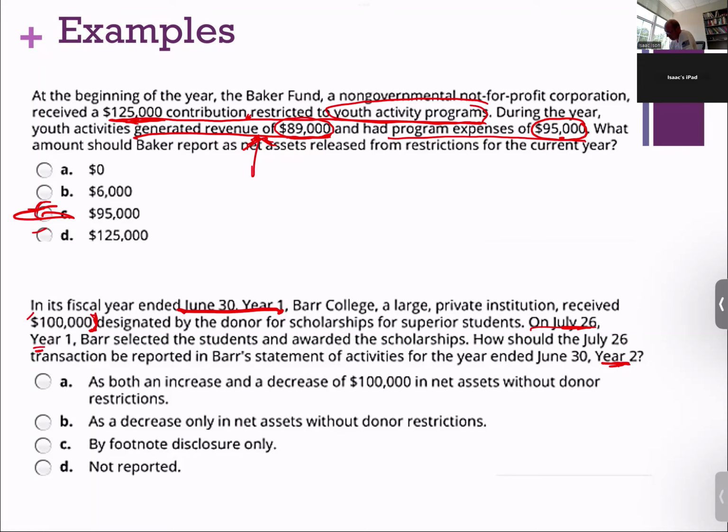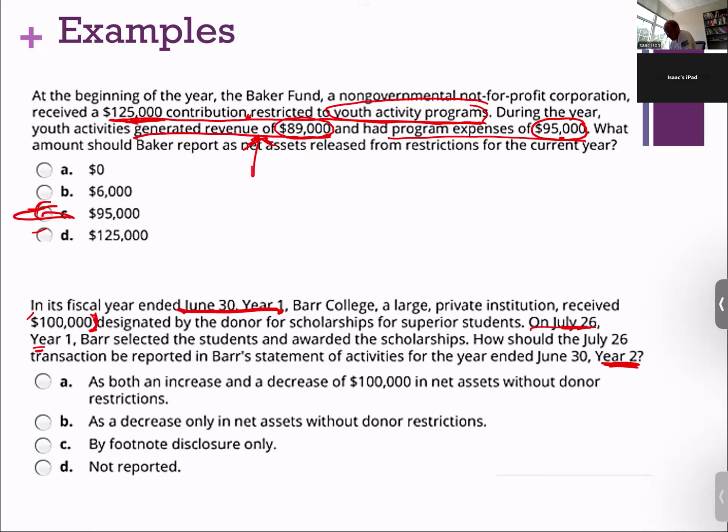So this is all really close together, right? Where we received the money and then we spent it. So if you look at that one, it works because we received the money, we kept it as net assets without donor restrictions, and then we spent it.